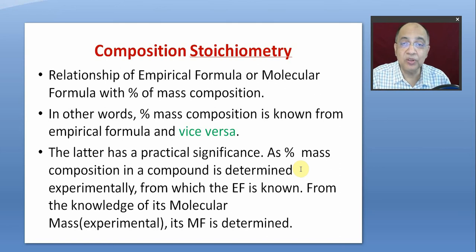The mass composition could be determined experimentally. Therefore, from the mass percent composition, it was easy for the scientists to find the empirical formula of compounds. From the knowledge of molecular mass, which is also found out experimentally, once we know the empirical formula and the molecular mass, we can also find the molecular formula.